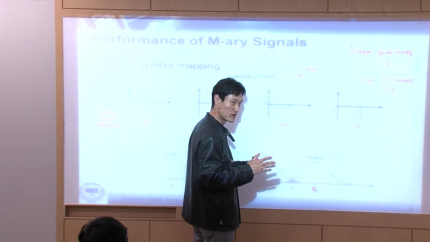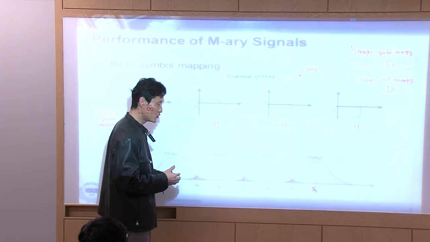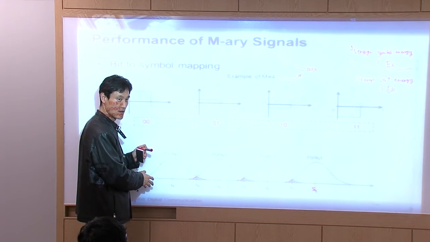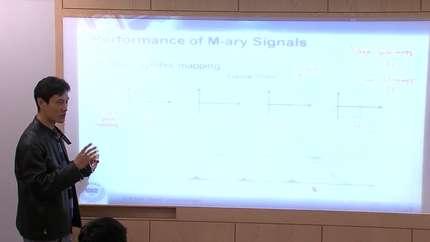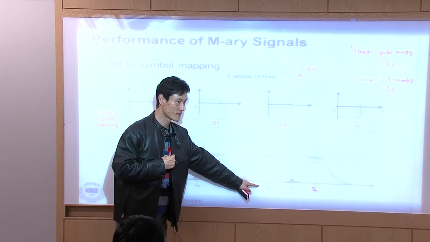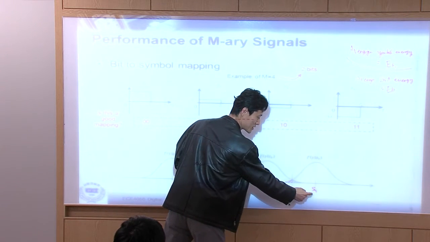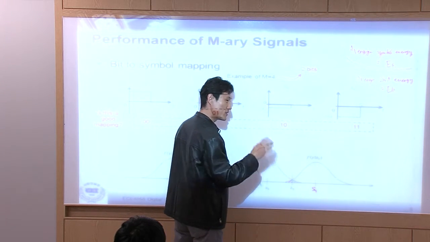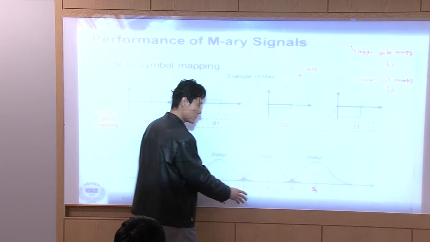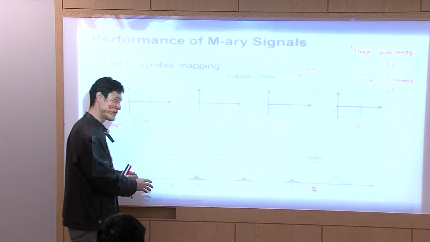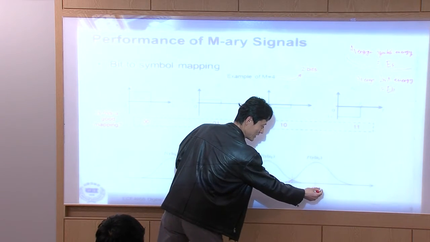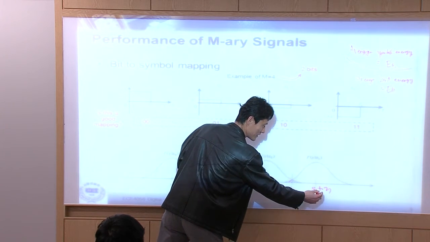You have an error, which means that you received one of these three. But which one has the higher probability as received? S2, right? When S1 is transmitted, and if there's an error, most likely that's going to be S2. S3, S4, very unlikely.